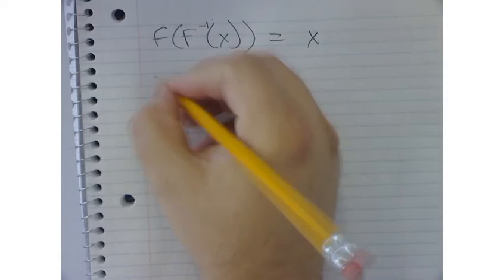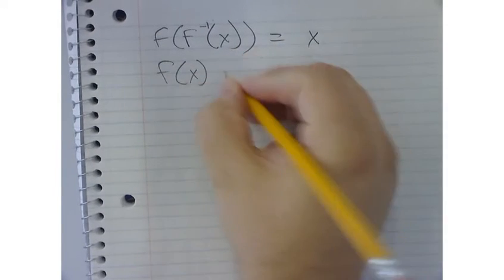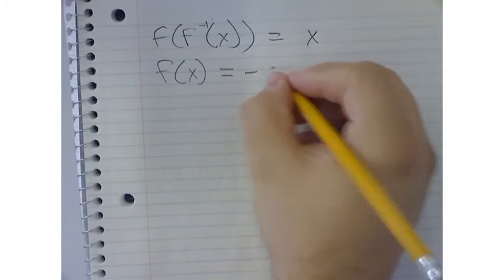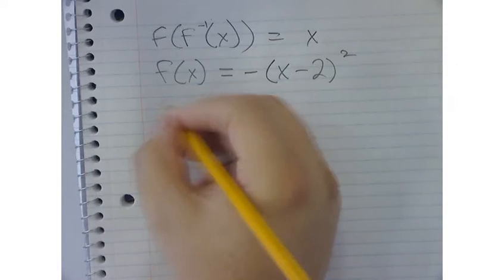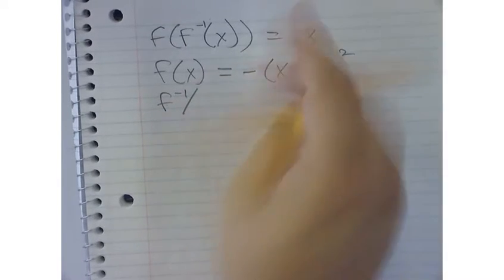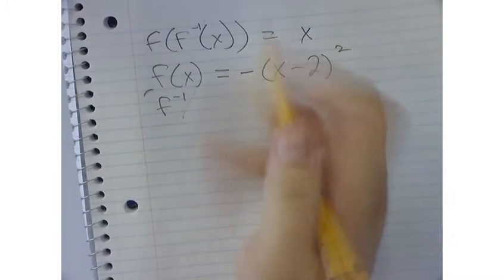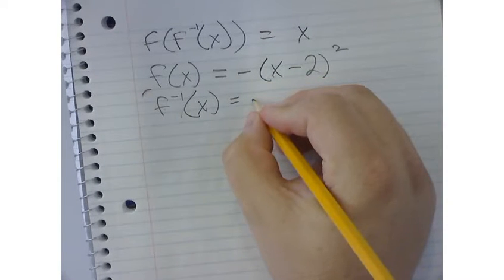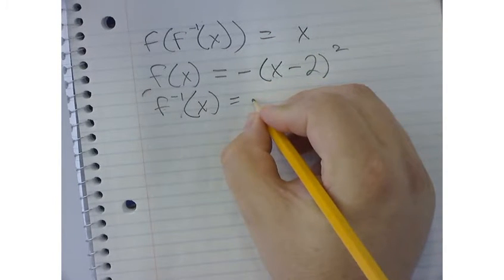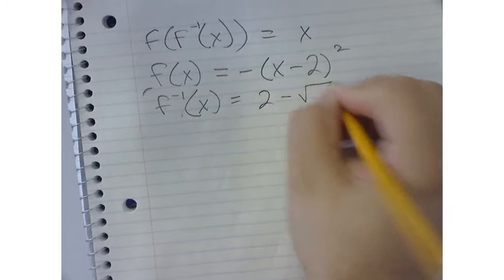So let's start with what f of x is. f of x is equal to negative (x minus 2) squared, and f inverse of x is equal to 2 minus the square root of negative x.